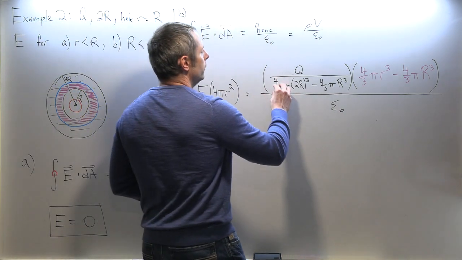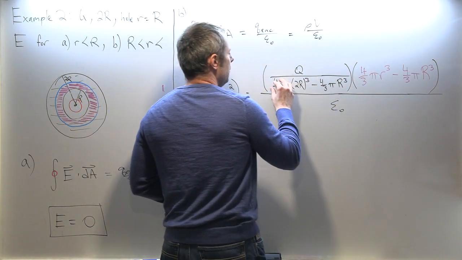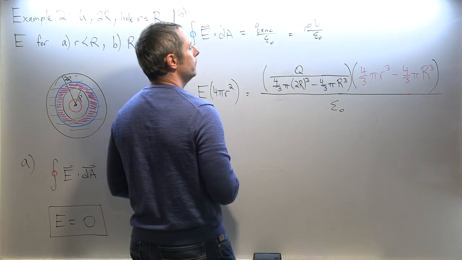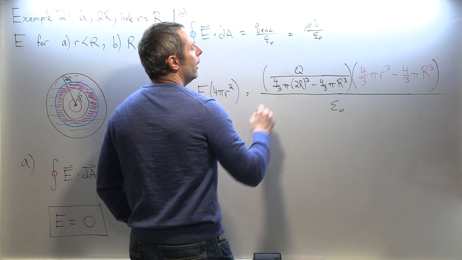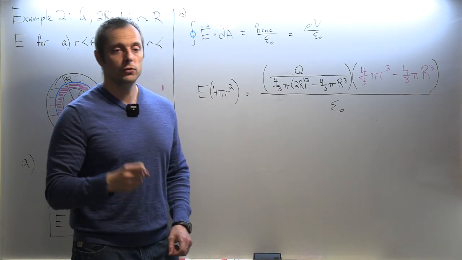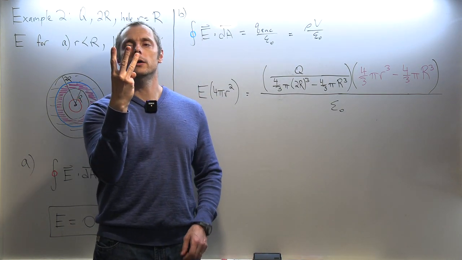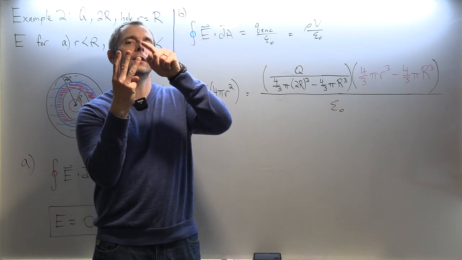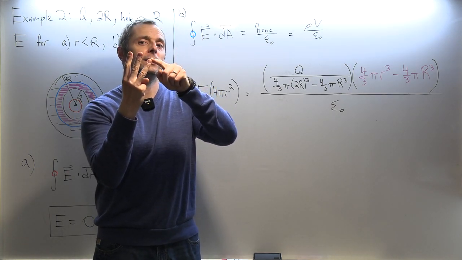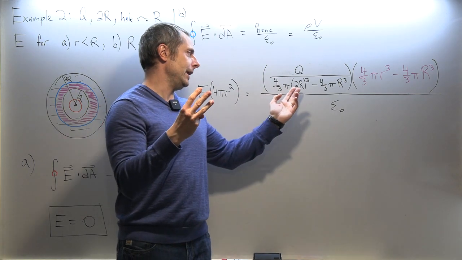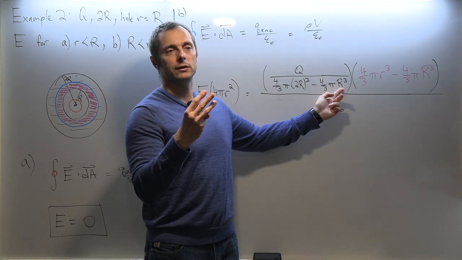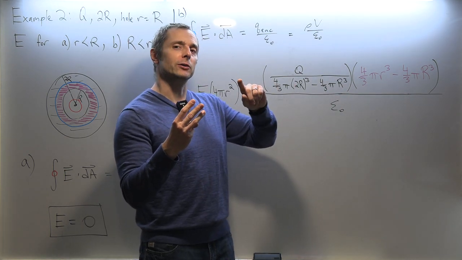Notice the 4/3 pi's are common here and here, and here and here, so they can be crossed off. And what I have is 2r cubed. So I have 2r times 2r times 2r: 2r, 4r squared, 8r cubed. So I got 8r cubed minus 1r cubed, which is 7r cubed.